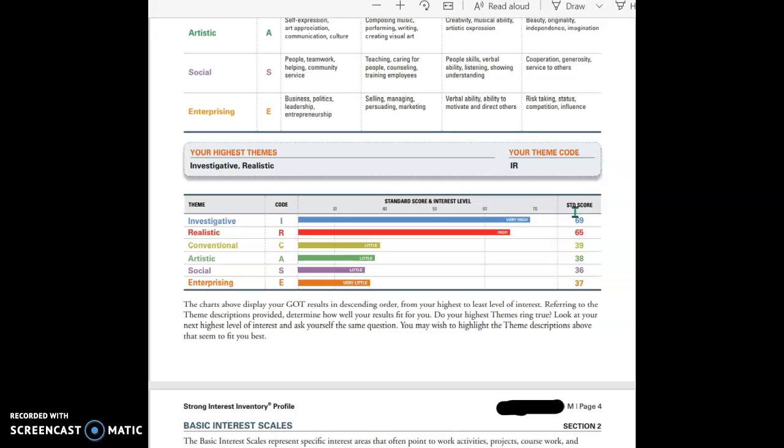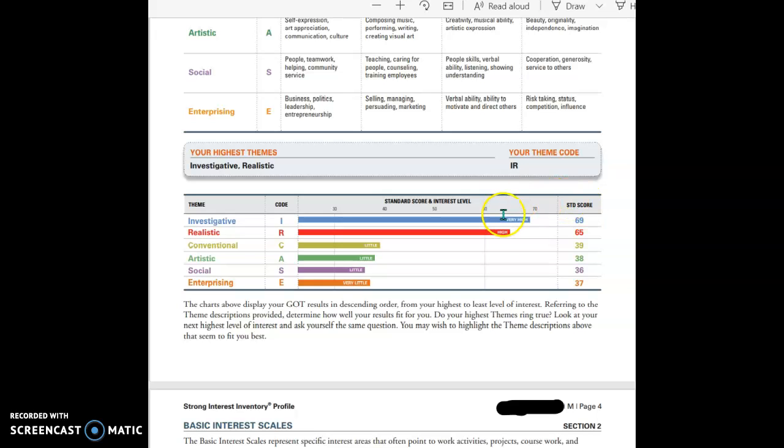The standardized score is based on the average score of working adults, both males and females. However, research shows that men and women actually tend to respond differently in certain categories. An example is that more men have a higher score in the realistic area than women. So grouping genders together is not helpful for this purpose.